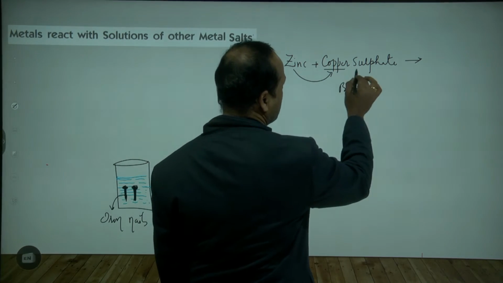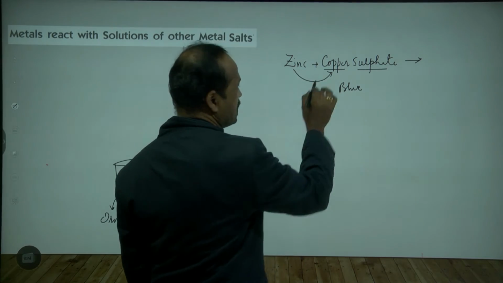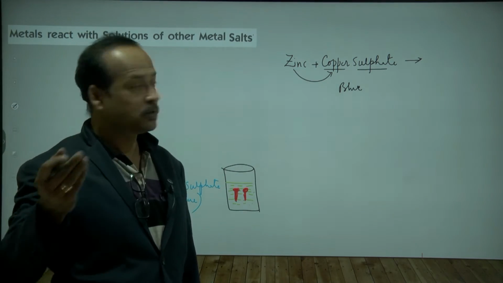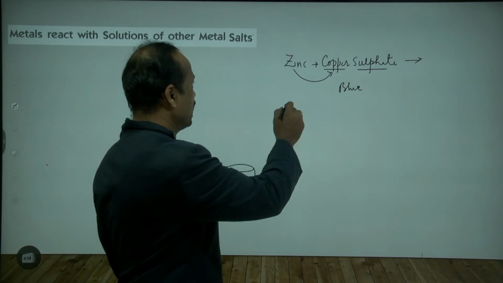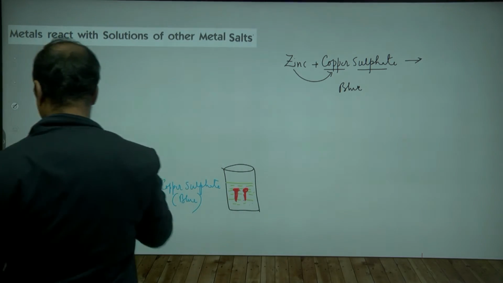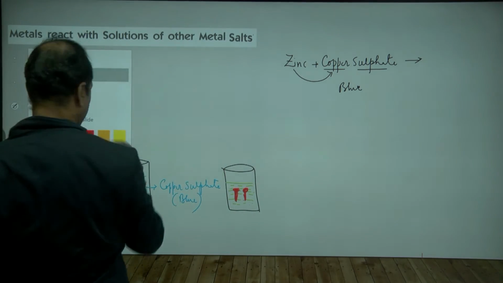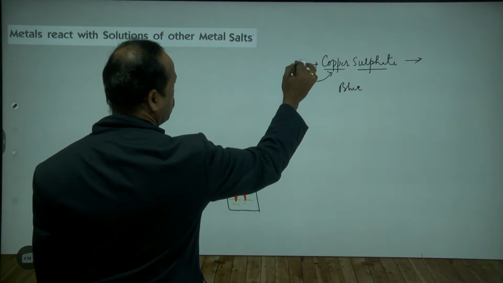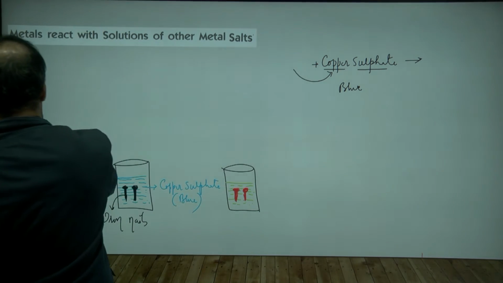Here copper is there, sulfate is there. So the zinc displaces copper, means what? Zinc, iron. You have taken iron, no? No problem, you can take zinc also. But here I have taken iron, so I'll take iron only. Otherwise you'll get confused here.